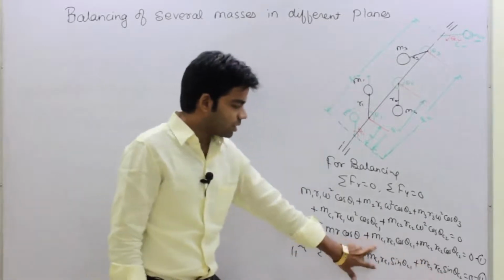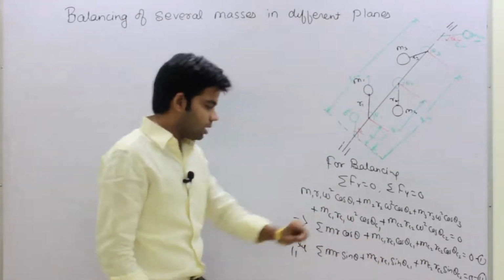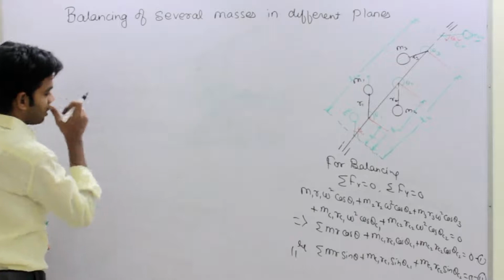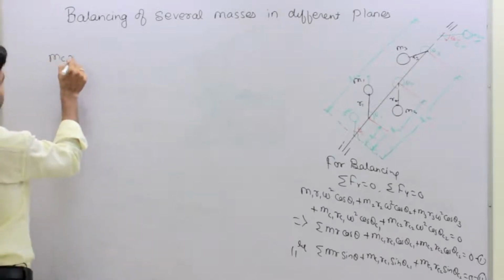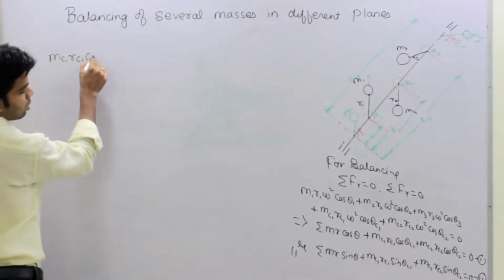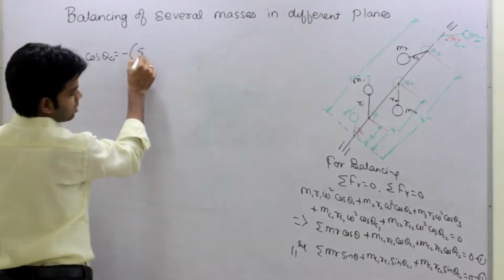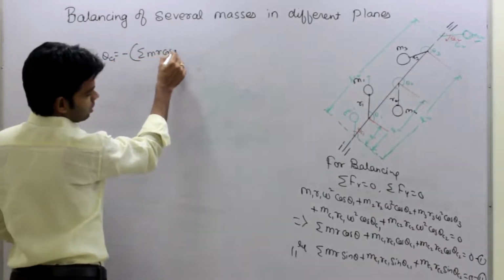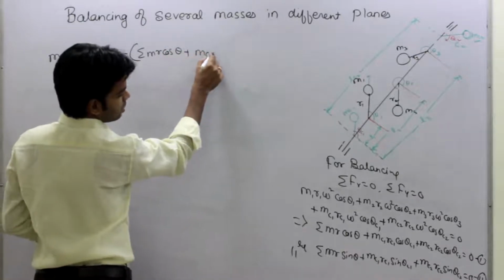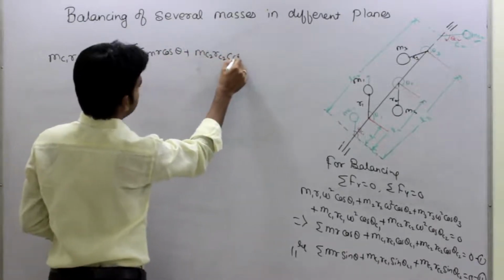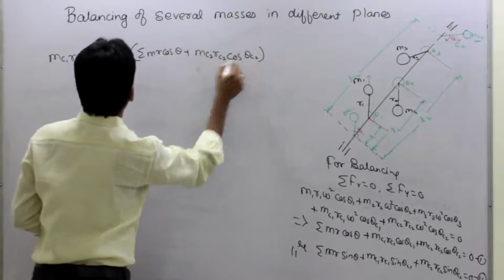Okay, and from here we can determine the value of mc1 rc1. How? From equation 1 we can write mc1 rc1 cos theta c1 is equal to minus of summation of m r cos theta plus mc2 rc2 cos theta c2.